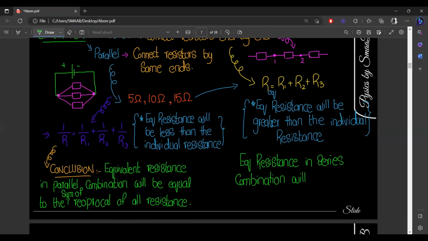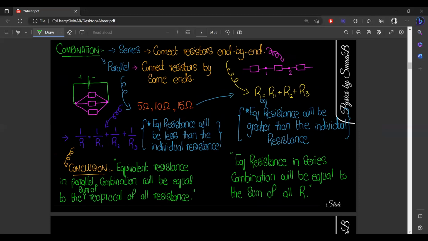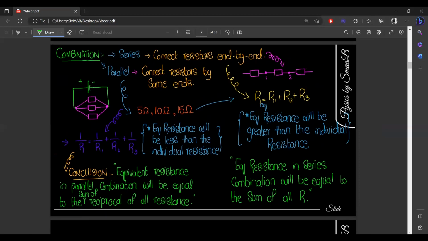The sum of all resistances? Yes, the sum of all resistances. So these are some concepts related to the combination of resistors, right?